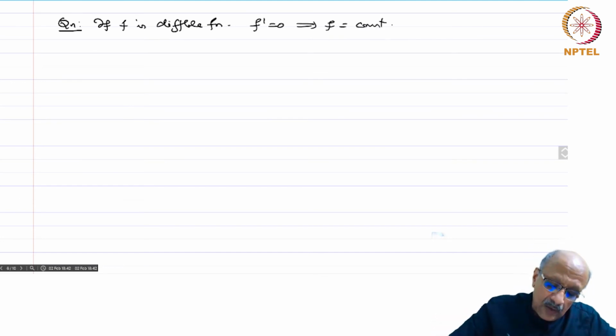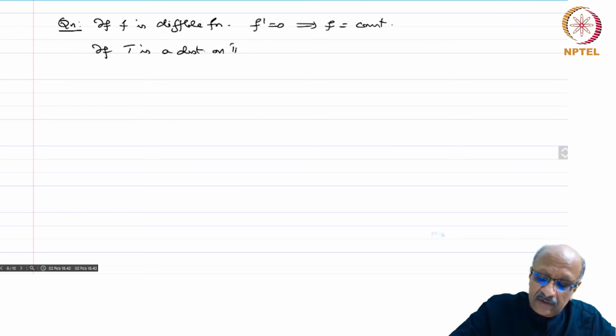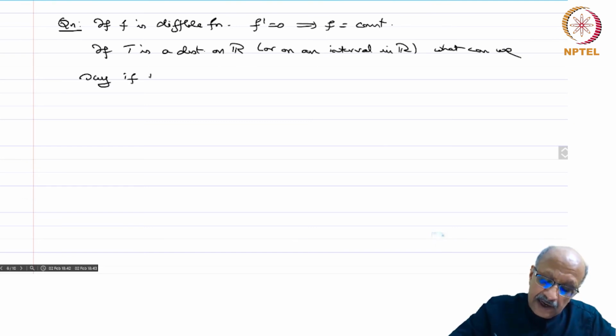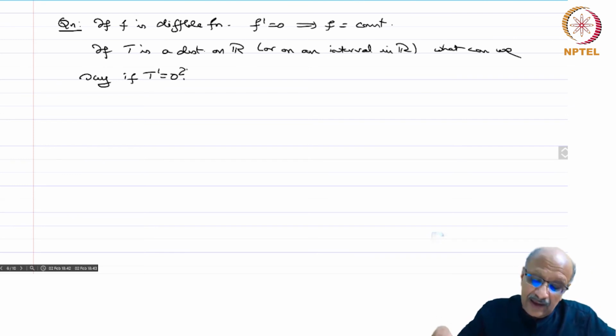Now if T is a distribution on R, or on an interval in R, what can we say if T dash equal to 0? So what do you mean by saying T dash equal to 0?